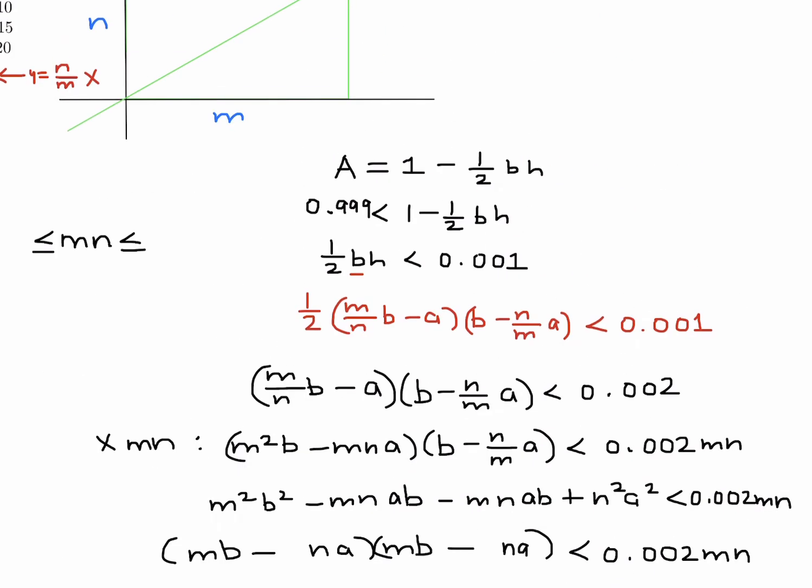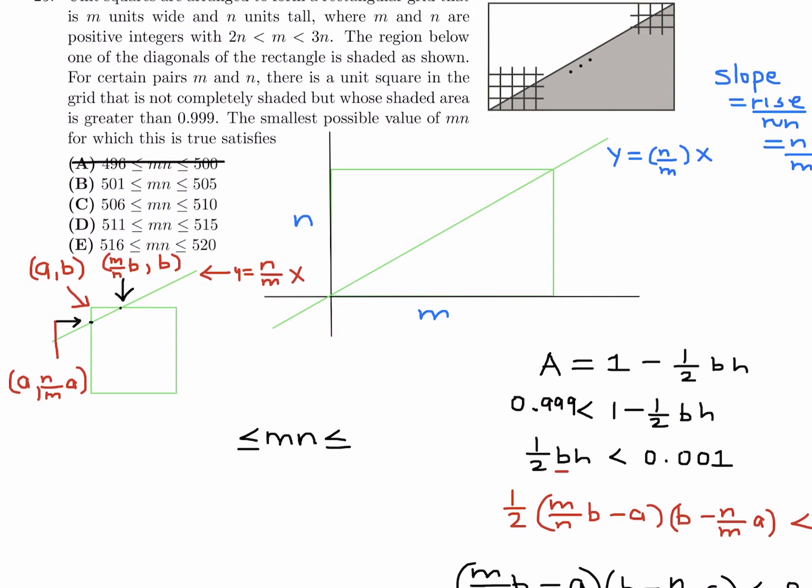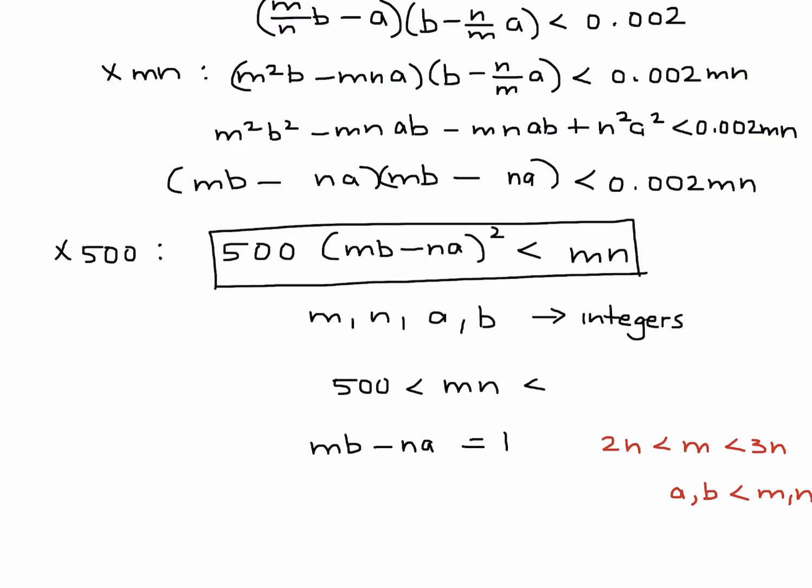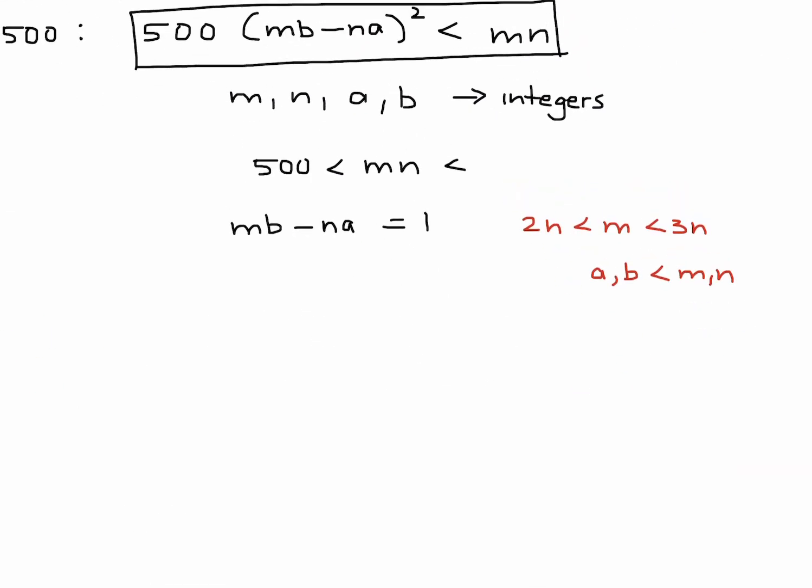If you go back to the diagram, you can see that clearly, that this square right here was somewhere in here. So obviously this a and b that I chose has to be less than m and n. So that's pretty obvious, I think, but it helps us. So at this point, I will let you do the fiddling around, meaning how to figure this out. I don't think you want to hear me go through every single number from 501 to 502, 503, and that's just going to be very monotonous.